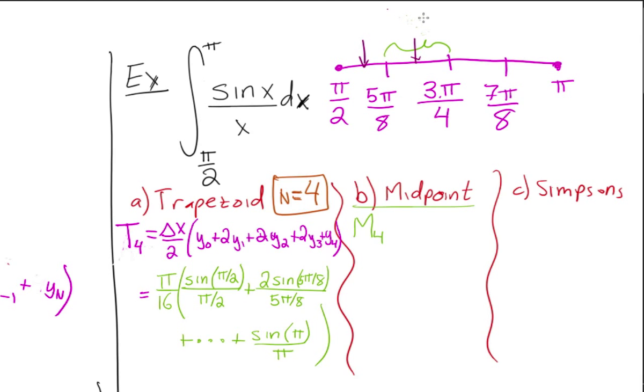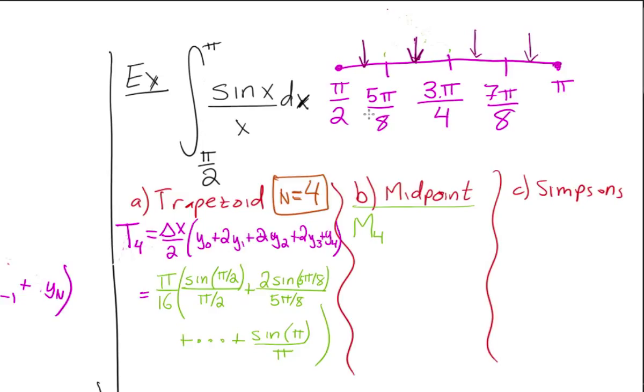So you'd have to go halfway for all of these. So halfway, halfway, halfway. And one thing to notice is for the midpoint you would evaluate 4 times. Notice for the trapezoid rule, you're actually evaluating the function 5 times. So it's just a little note to self.